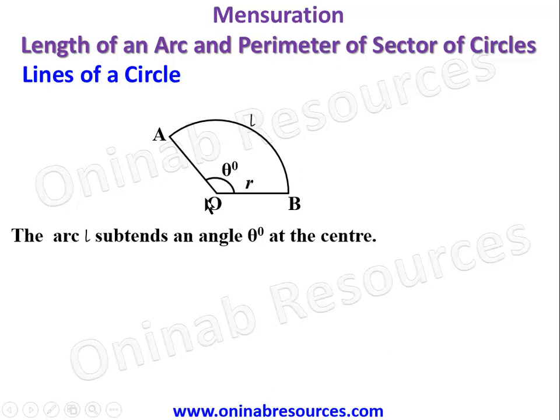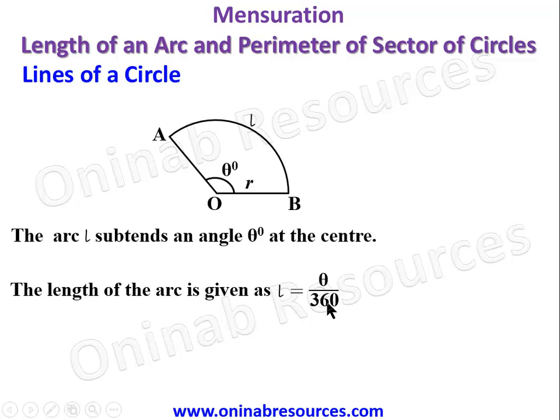The length of this arc subtends angle theta degrees, so that the length of the arc is given as L equal to theta over 360 times 2 pi r.